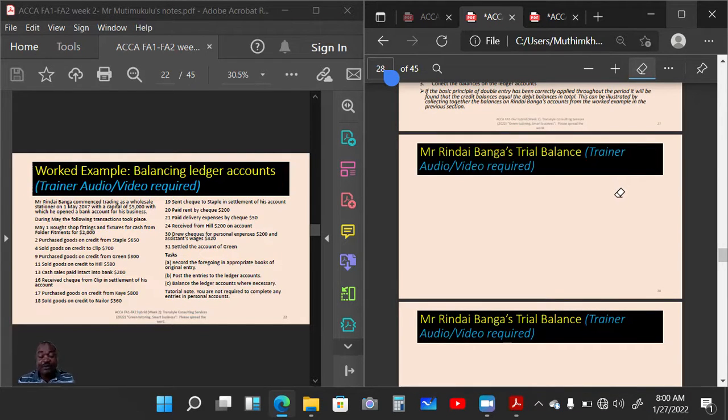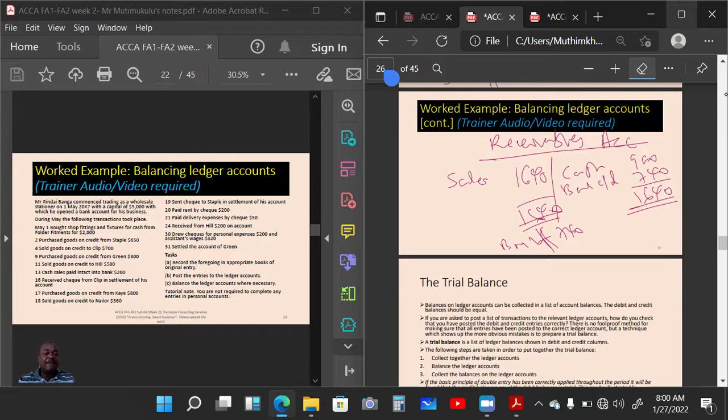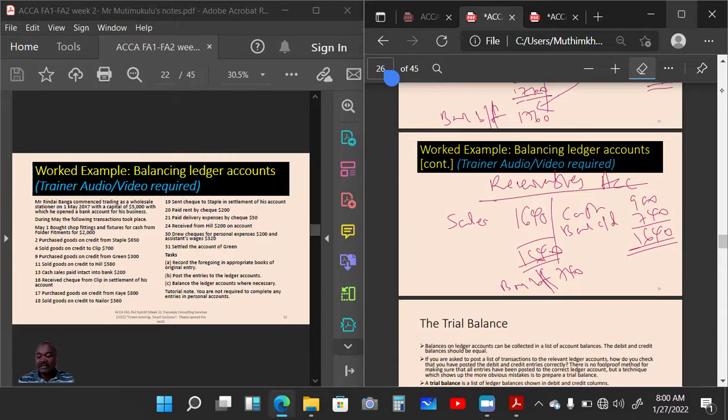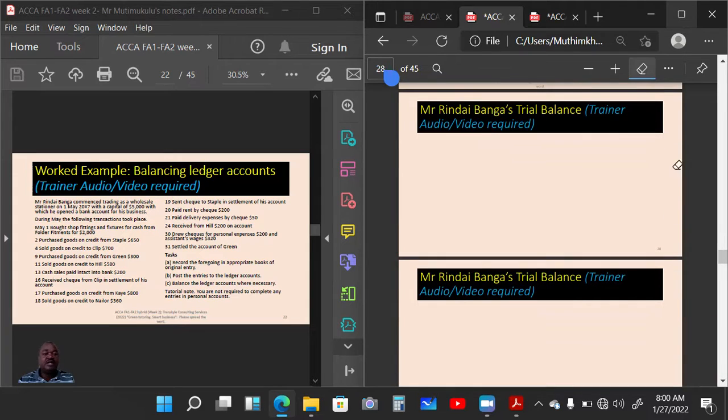If you complete everything in the assignment, you can proudly say, I've done ledger balances. This is balance brought forward, balance brought forward, balance brought forward. These ones are ledger balances. Are we together? So a trial balance looks like this.